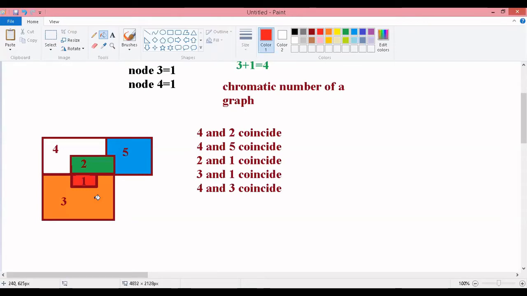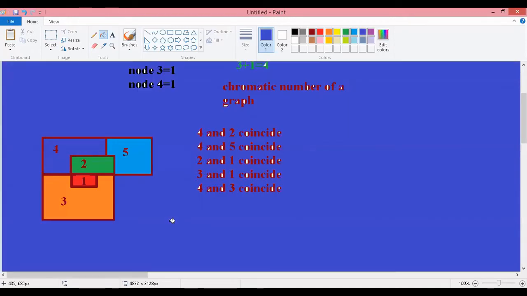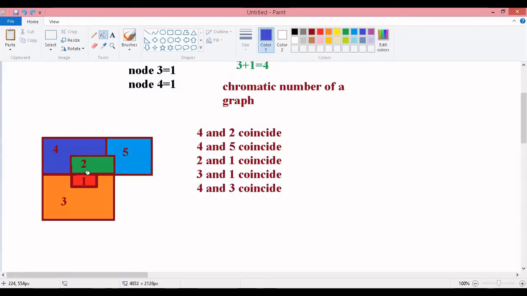Similarly, 5 and 1 are also not coinciding. So the areas which are coinciding are the adjacent nodes. The areas which are coinciding are called adjacent nodes.